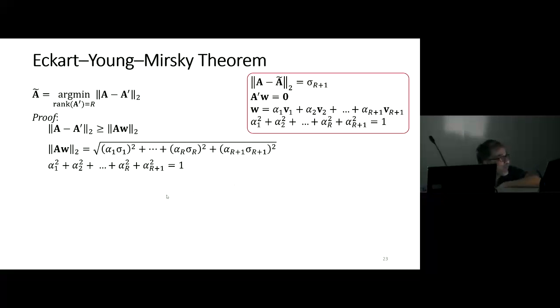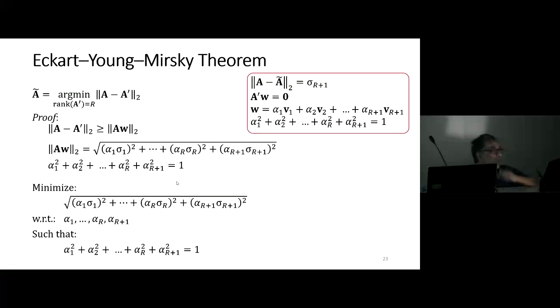Okay. And so this is a lower bound, not a strict lower bound, but a lower bound. Okay, let's minimize the lower bound, the L2 norm of AW, which is this. Along with this condition, W should be a unit vector, which means that alpha 1 squared plus dot dot dot until alpha r plus 1 squared should be equal to 1. Okay. So this is the optimization problem that I have.